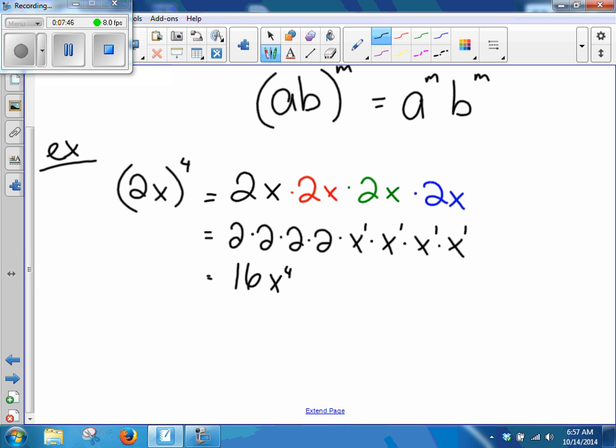So that's why it looks like you get to just distribute that exponent through. It's because you can lay it all out and use the very first property we learned, the product of powers, and add up those exponents to get your answer. So hopefully you can explain why this one works.